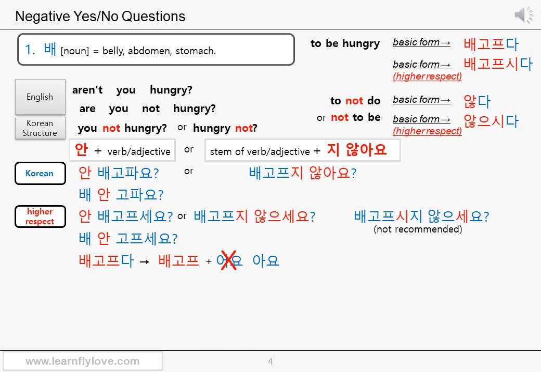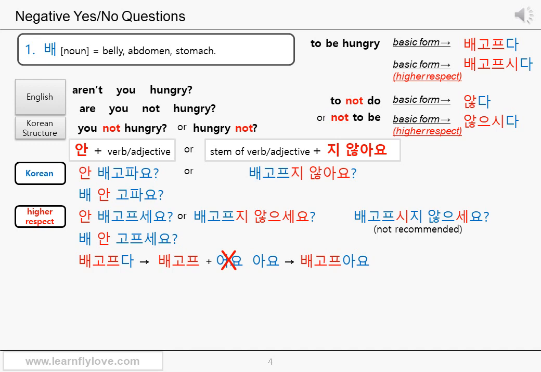Anyway, there are a few more verbs and adjectives like this in Korean, but you don't have to know them now. Just remember that you should add the 아요 sound to the adjective hungry, 배고프다, instead of the 어요 sound. It's an exception. So 배고프 plus 아요, 배고프아요.